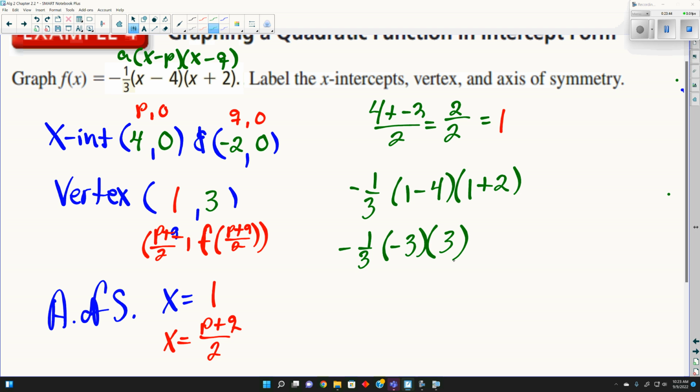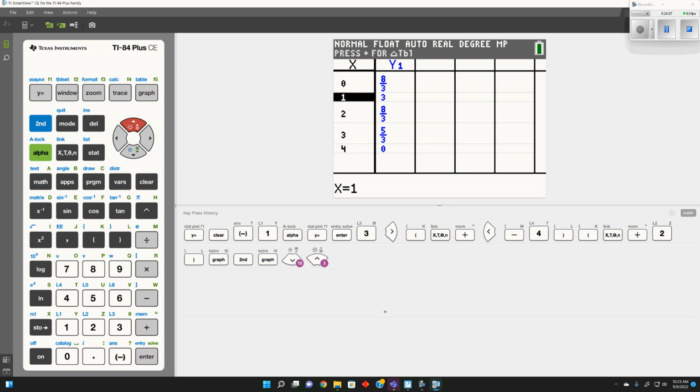And 1 times 3 is? Yes. Questions on this here? Kind of makes it a little bit nicer, from the function.